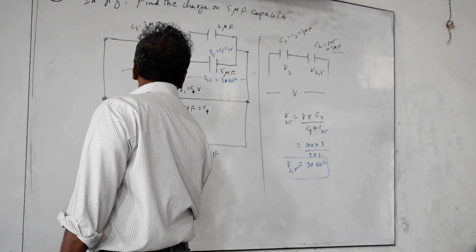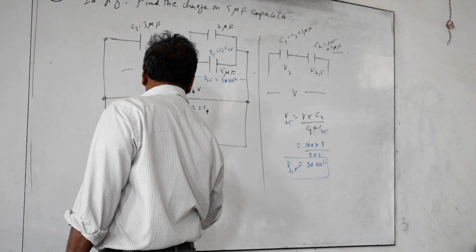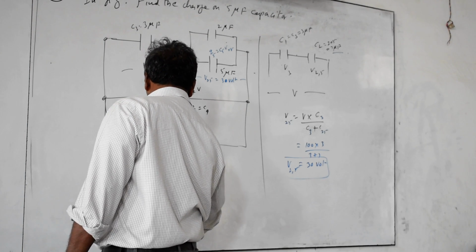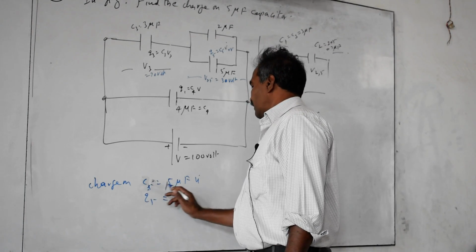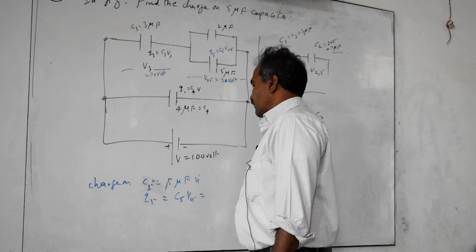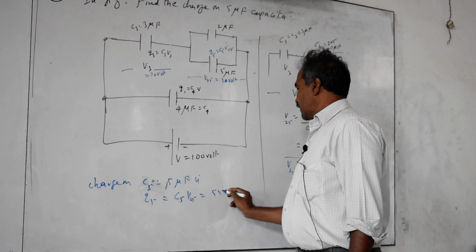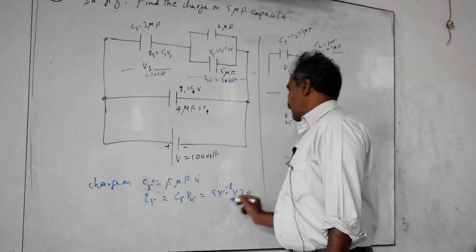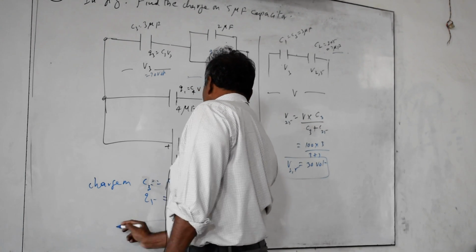Q equal to CV, so Q5 equals C5 into V25, which is 5 microfarads, 5 into 10 to the power of minus 6 into the voltage we got, 30, which equals 150 microcoulombs. That is the answer.